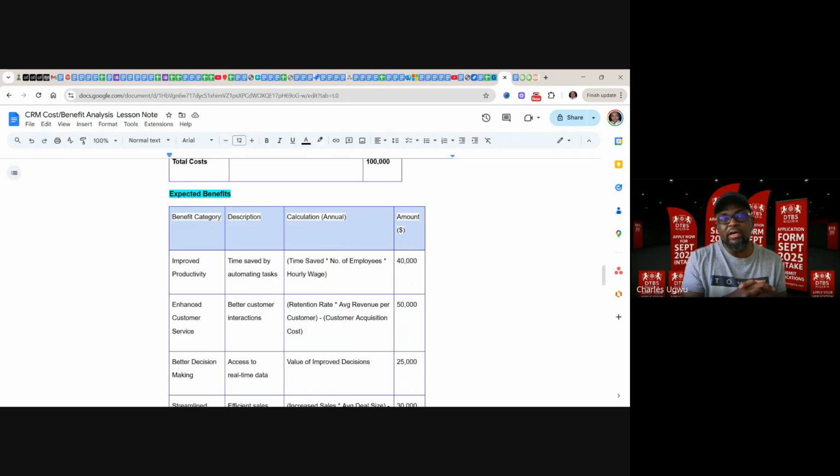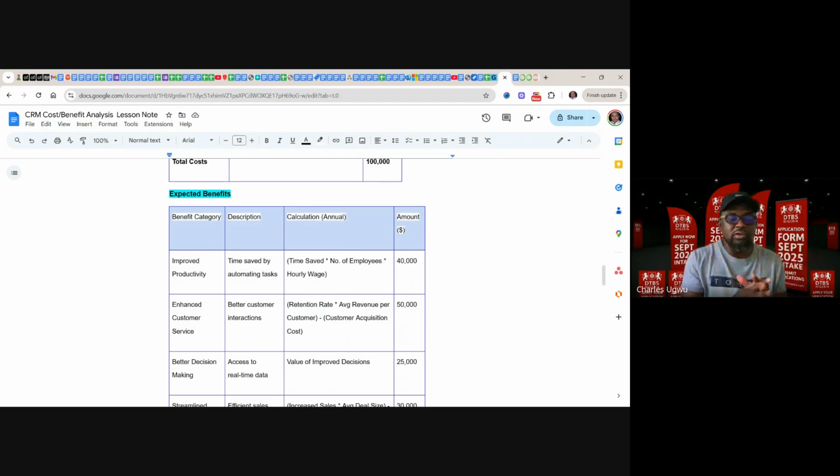You can say we are paying some of those staff, like sales reps, $15 or 15 pounds an hour. So for how many hours we save them, we multiply by the amount we pay those employees.